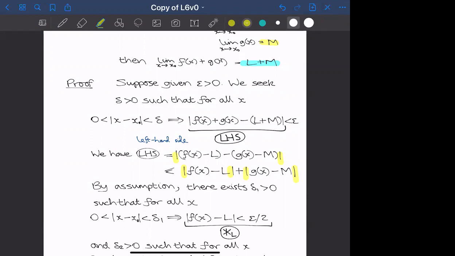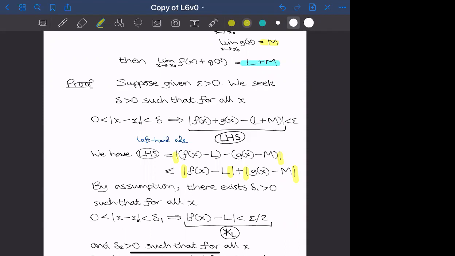So what do we know? Well, because the limit of f(x) as x goes to x0 is L, there exists a delta, and there's going to be two deltas, so I'm calling this one delta 1.